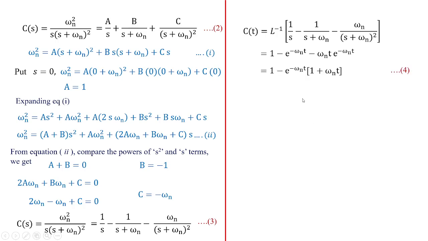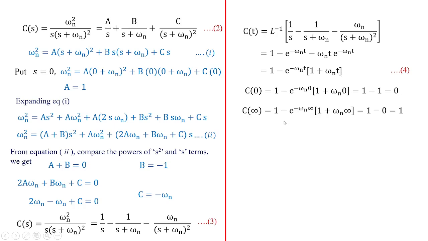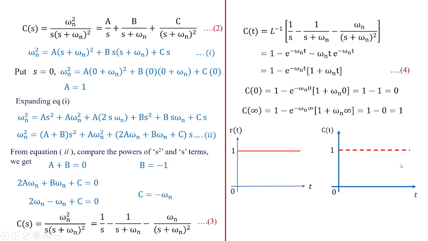Now equation 4 is framed as 1 minus e to the power of minus omega n t into 1 plus omega n t. What if I substitute the value of t equal to 0? I get the value of c of t as 0. And what if I take the highest value, that is infinity? I get the value of c of infinity equal to 1. So for a particular input, I get the output in this fashion.